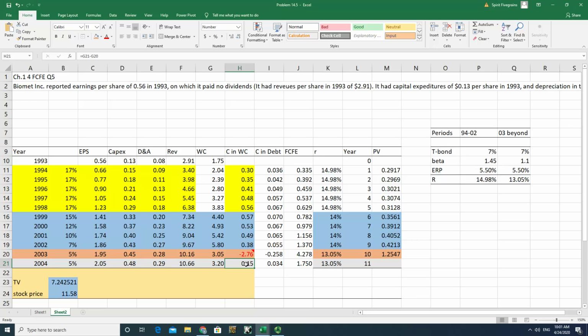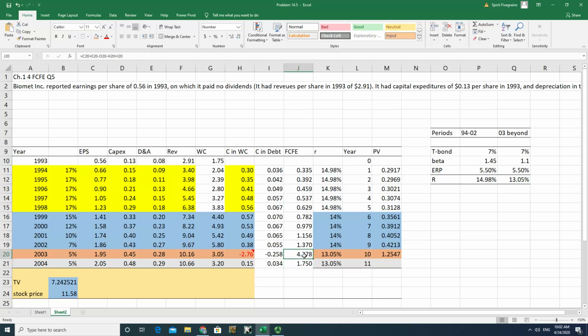And if you ignore this negative number here, then you would assume that the increasing free cash flow to equity would be sustainable and continue into future years, which is not realistic, because in year 2004, free cash flow to equity will decline to a normal level. Previously $4.28, then in year 2004, $1.75.